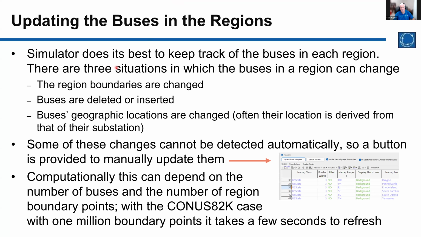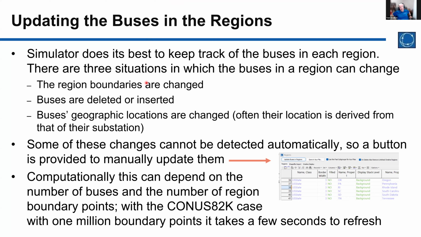Why might the buses in a region change? The good news is usually they're not going to change, but you might change the region boundaries. If you go in and manually change the region boundaries, that's going to change what buses are in the region. You might insert or delete a bus. This is something that we tend to pick up automatically, so that's handled.